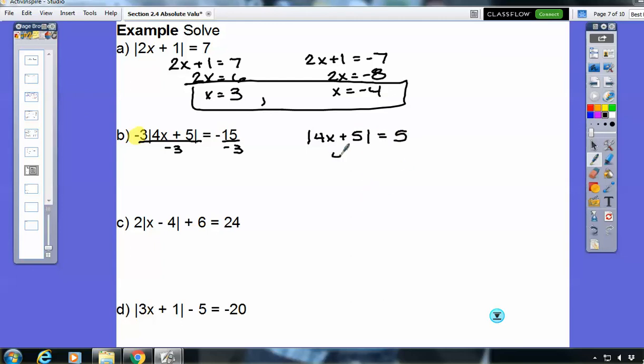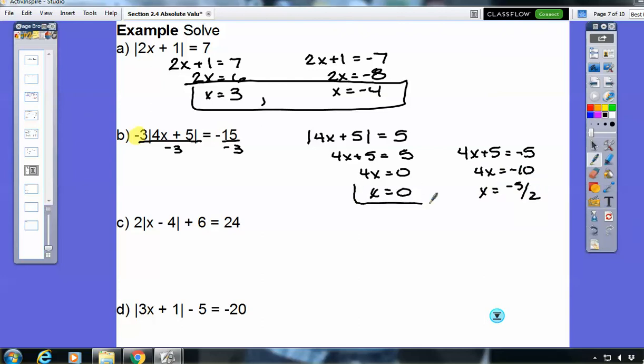Now, do your two equations. And so if I subtract my 5, divide by 4, here if we subtract 5, divide by 4. So we get 0 and negative 5 halves.